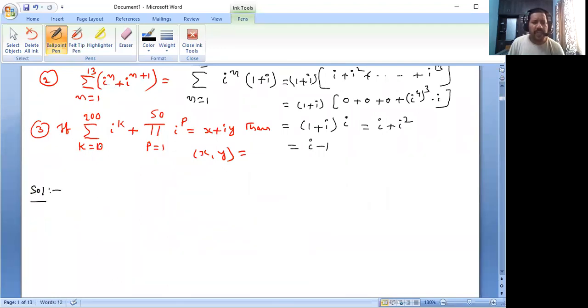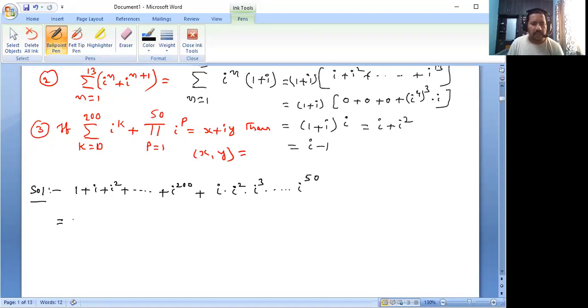If you substitute k as 0, i power 0, 1 plus i plus i square plus and so on, that is i power 200, plus. This is a multiplicative symbol. You'll get like this: i into i square into i cube into and so on, i power 50.